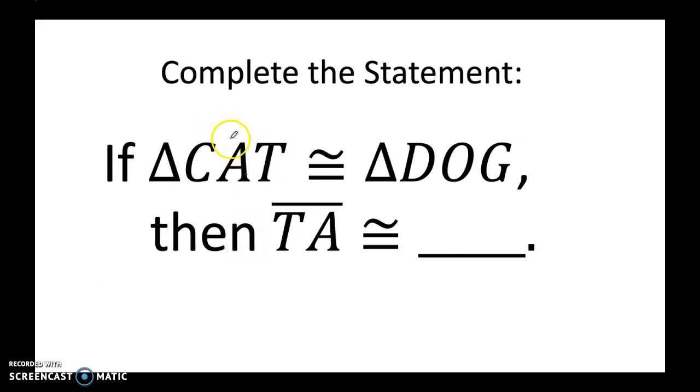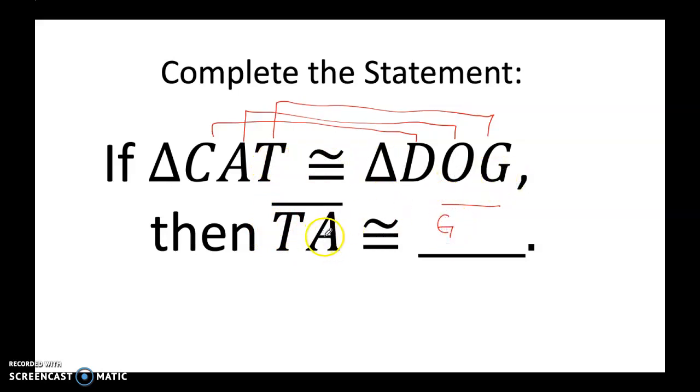So we have C corresponds to D, A corresponds to O, and T corresponds to G. So then segment TA is congruent to the segment of what corresponds to T, that is G, and what corresponds to A, that is O. Therefore, segment TA is congruent to segment GO.